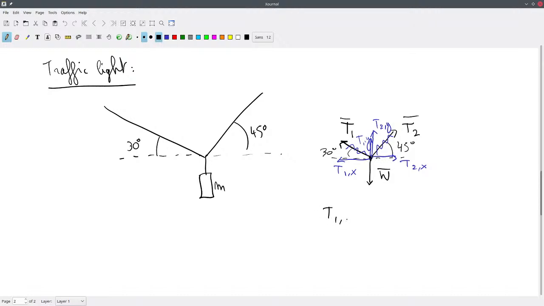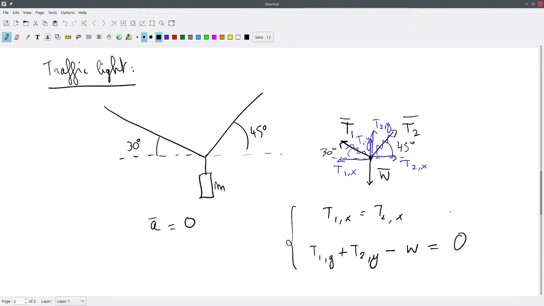Now we'll see that T1x must be equal to T2x, and T1y plus T2y minus the weight must be equal to the acceleration. Let's assume that the acceleration is equal to 0. So that gives us our two equations.